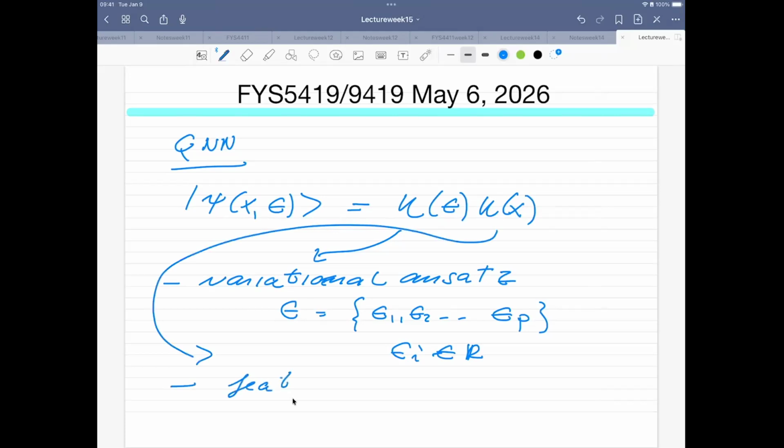This could be the classical data which you have, the pixels of an image. That image could be a painting of Van Gogh or not, or since we are in Norway, a painting of Grieg. And then you would take the pixels which represent that painting and translate the pixels into a quantum mechanical state.